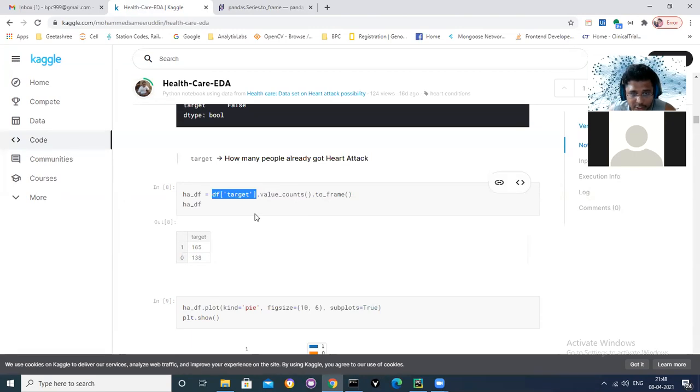When the number of categories is countable and finite, then value_counts is useful. But suppose there were 100 types of target. Now there are only 2 types of target, 1 and 0. Assume there are 100 types.